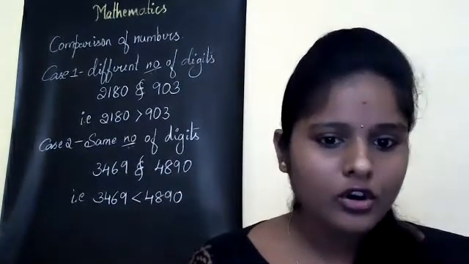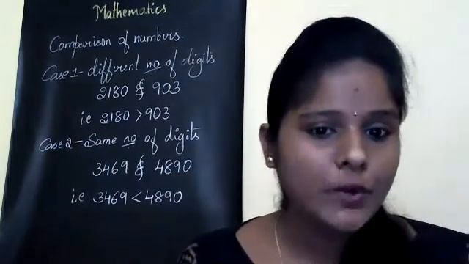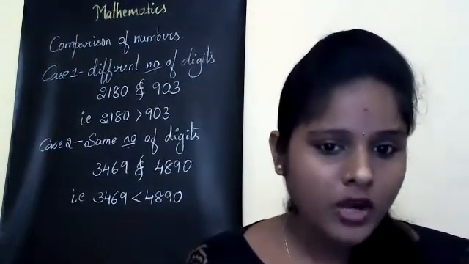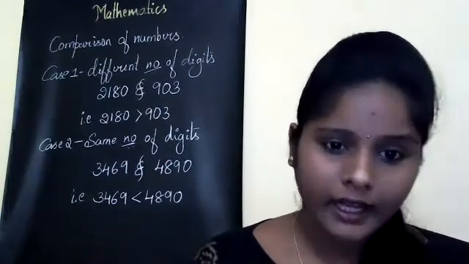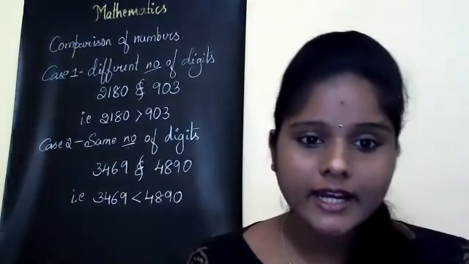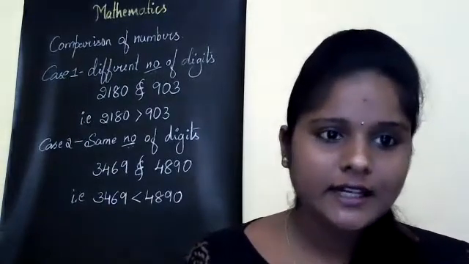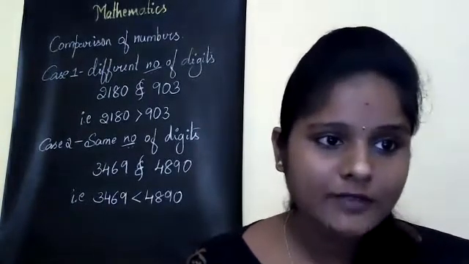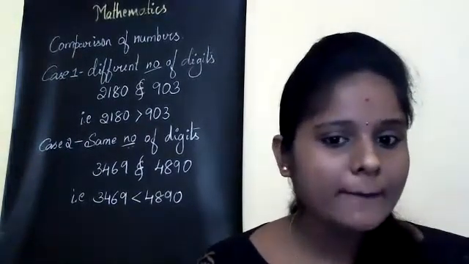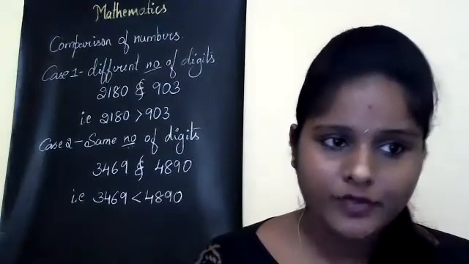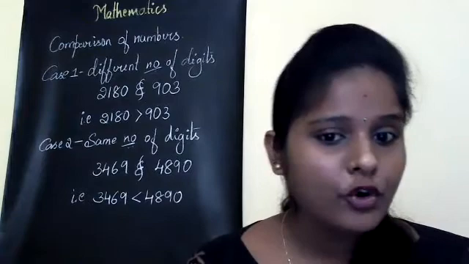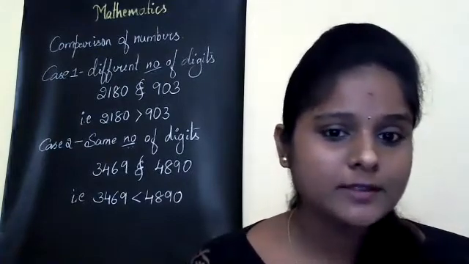On the board, all of you can see I have taken two examples: 3,469 and 4,890. Now start checking with the left side, that is the thousands place. In one number, 3 is in the thousands place, whereas in the other number 4 is in the thousands place.